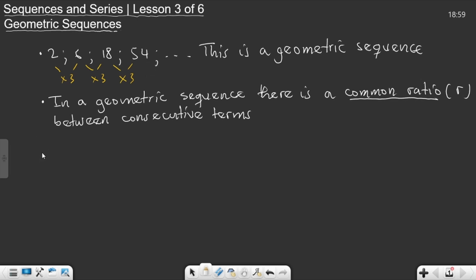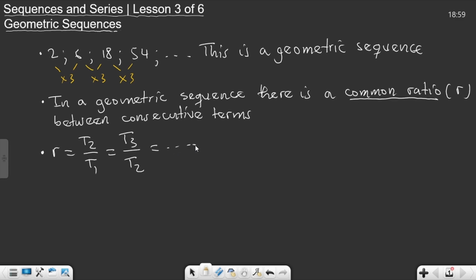Okay, and to find the common ratio R, we take the next number divided by the previous number. You can see T2 divided by T1. And the same is true if you say T3 divided by T2.